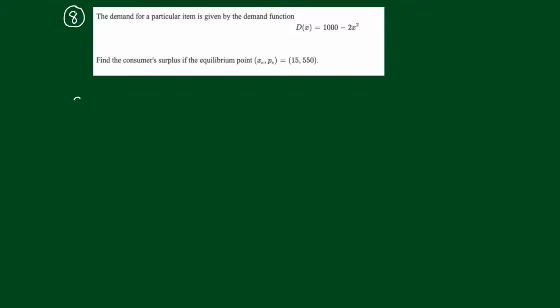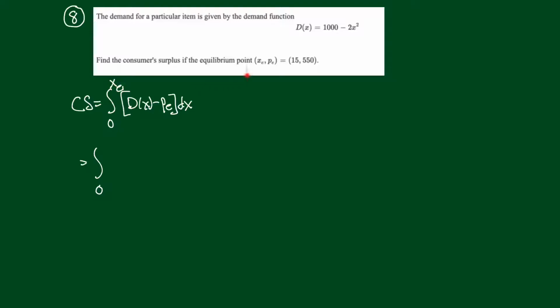A good place to start is with our definition of consumer surplus, and that is from 0 to x sub e. Now that is the x value in the equilibrium point, and then it is the demand function minus the equilibrium price with respect to x. And for us, this is going to go from 0 to, now what is x sub e?